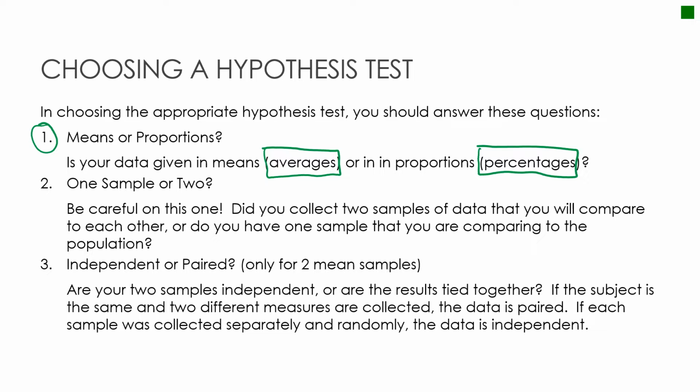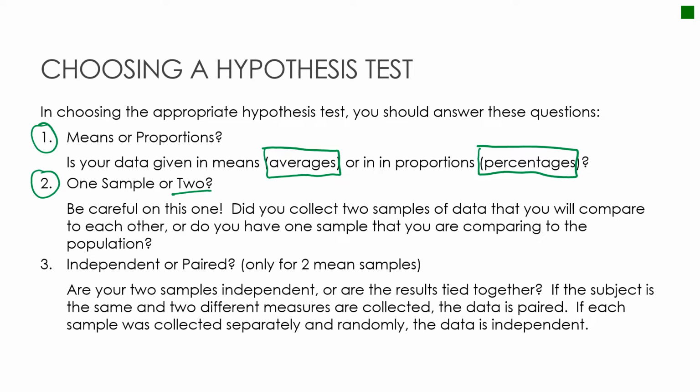And then we have one sample or two, and I said be careful on this one because we're used to just one set of data that we're then comparing against what we believe should happen in a hypothesis test. This week, we might actually have two samples.